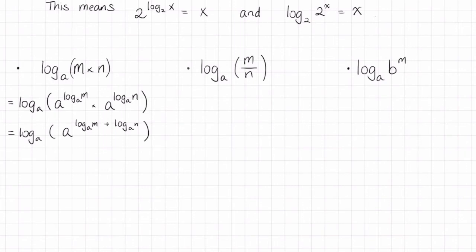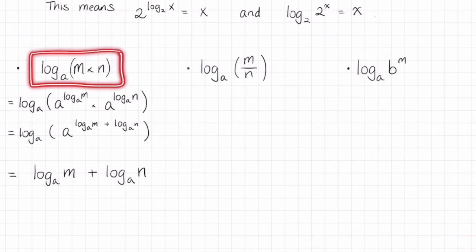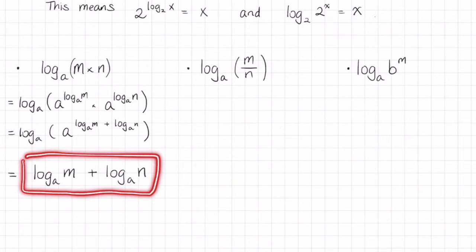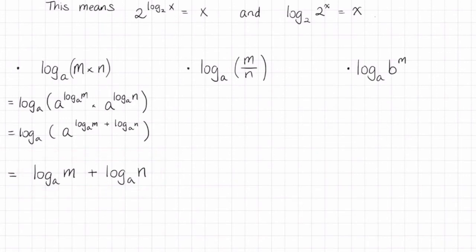And if you look at this whole thing, it's going to be log base a of a to the power of this, so it should just be this part: log base a of m plus log base a of n. So here's the first law. First rule: log base a of m times n is log base a of m plus log base a of n. So that's our first property.